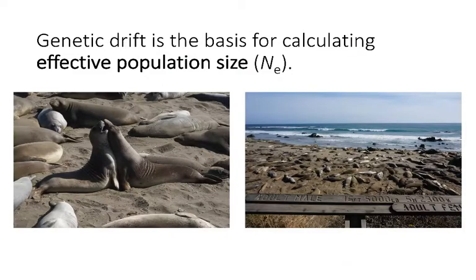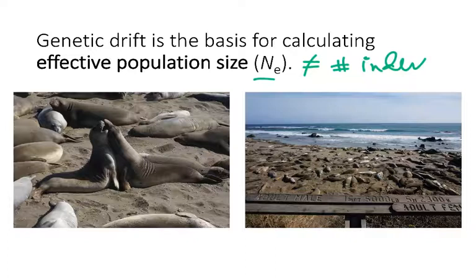This idea of genetic drift is the basis for calculating metrics that are useful in molecular ecology, one of them being effective population size, which is often abbreviated as N sub E. We'll talk in the next slide about what effective population size is, but one thing I want to emphasize is what it's not: it's not the number of individuals in a population. Effective population size does not just equal the number of individuals.